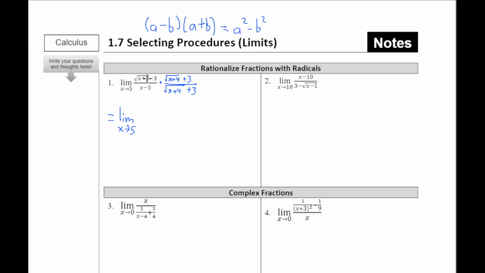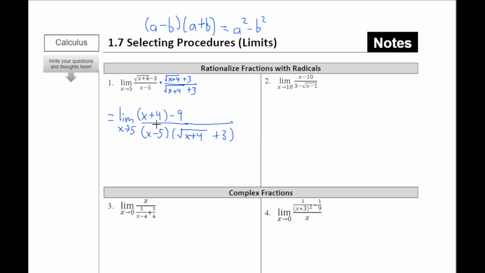If you square the square root here, it's just x plus 4. I want to just do that in parentheses because it will help a little later. And minus 3 squared, which is just 9, over the bottom is just x minus 5 times parentheses square root of x plus 4 plus 3.